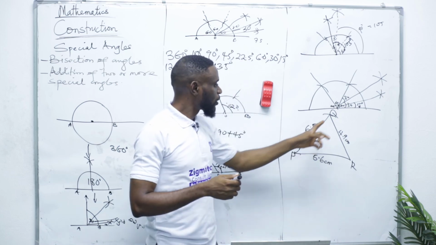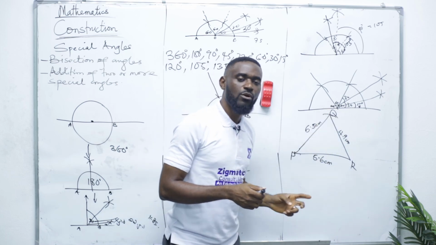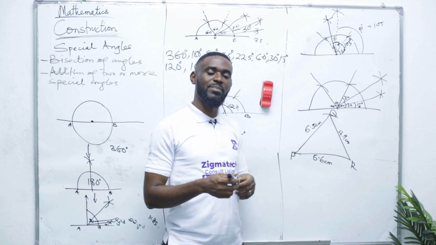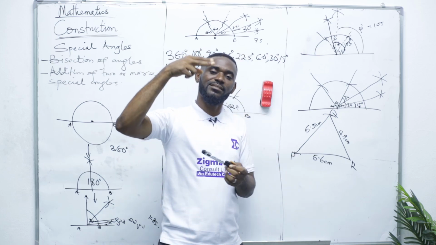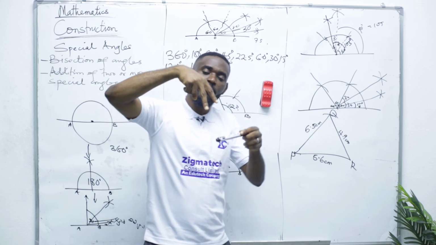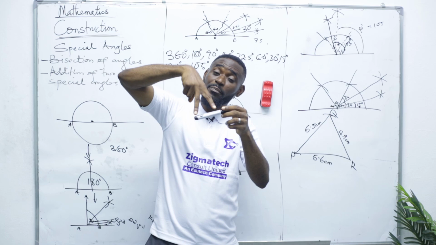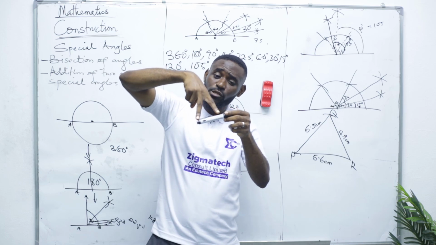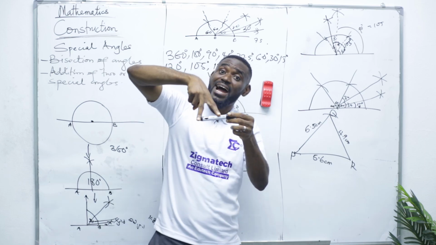Then for QR or RQ, when that line was about to be drawn, the person used that same compass with the pencil attached to measure 4.9.